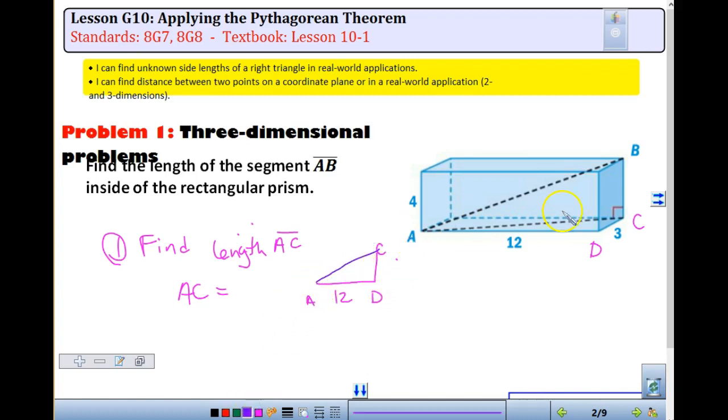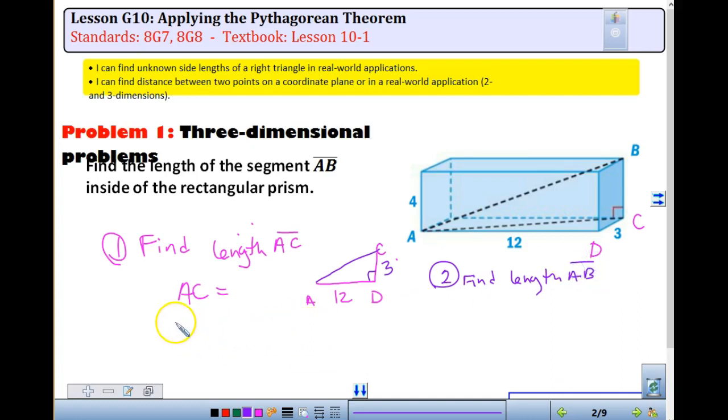And I know from C to D is 3. So right now I need to start this with my right triangle, and I am going to write over here. So you have 2 steps. First we're going to find length AC, and then our second step is we are going to use the length of AC to find the length of AB. Okay? So there's 2 steps in this problem.